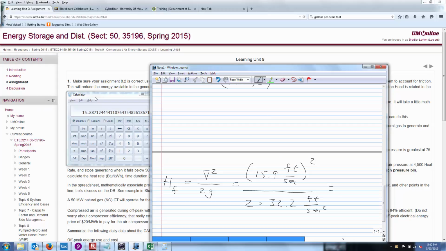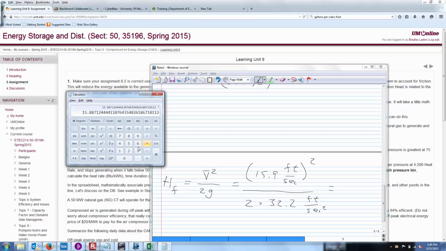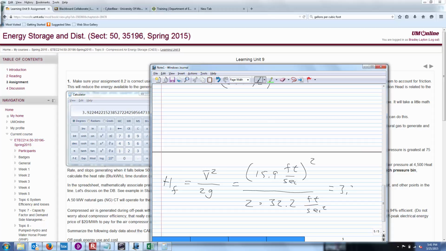So here's our 15.88 times 15.9 divided by 2 divided by 32.2 equals 3.9. 3.9, and this is kind of strange dimensions, but it's going to be feet. This is feet of pressure.